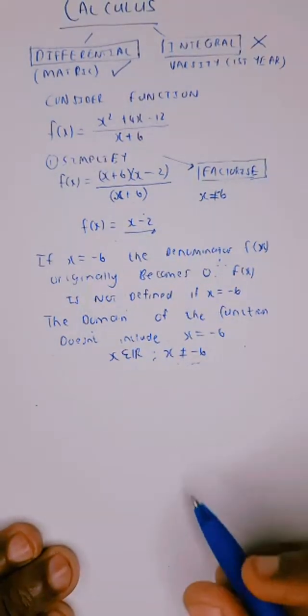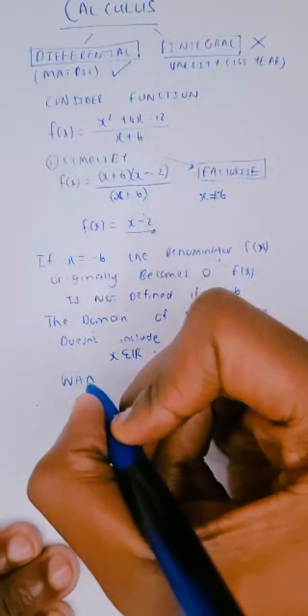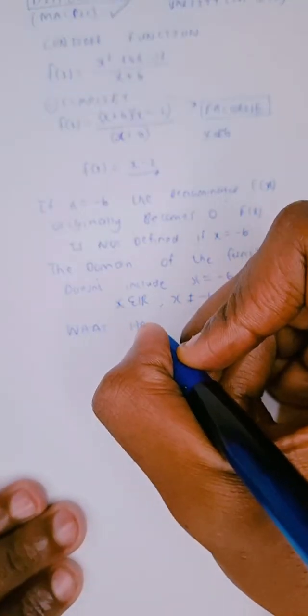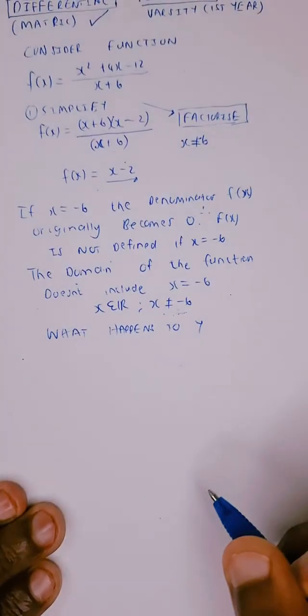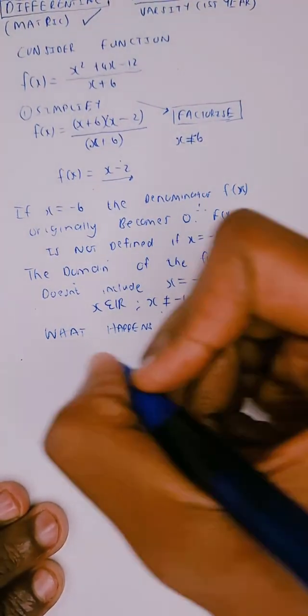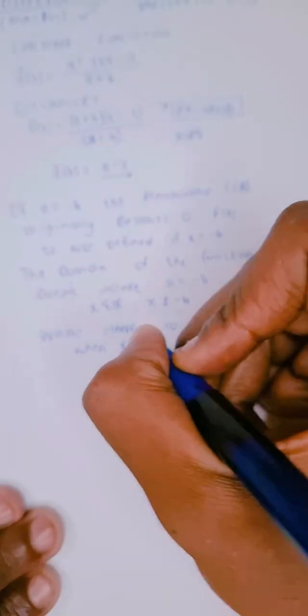Let me repeat this again. My question is, what happens to y for the function when x gets closer to negative 6?